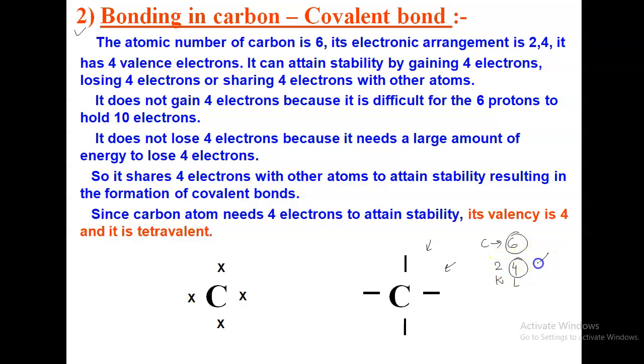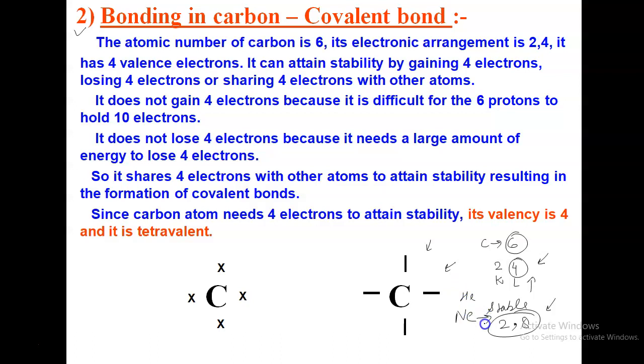Now here is a situation in carbon: for the stability of carbon we need 4 more electrons. As we know, a stable configuration is like 2-8, as in the examples of helium and neon.